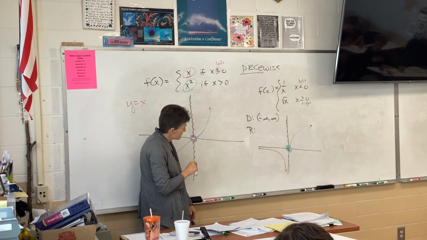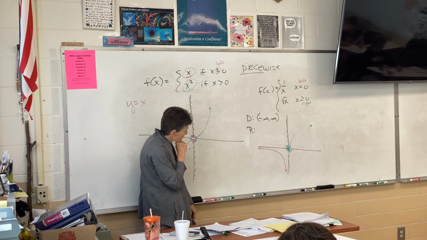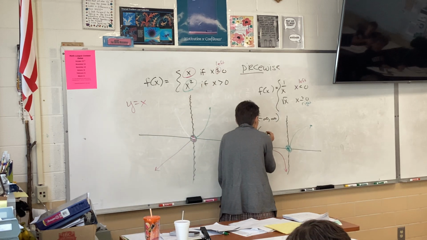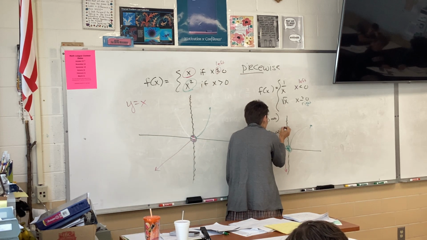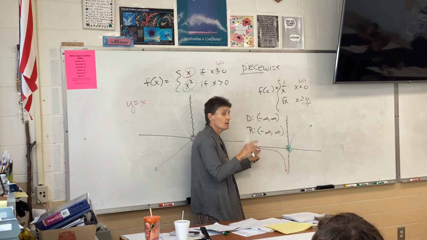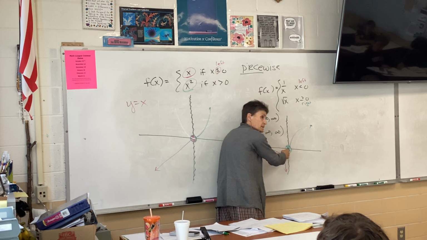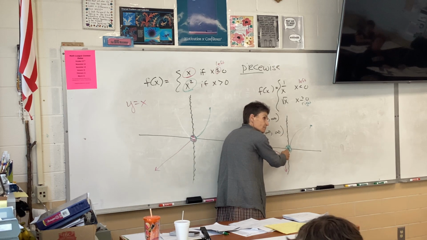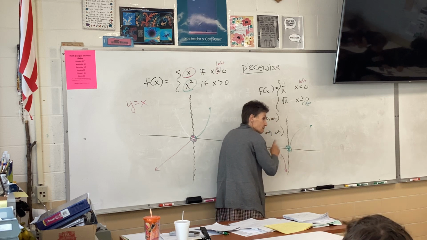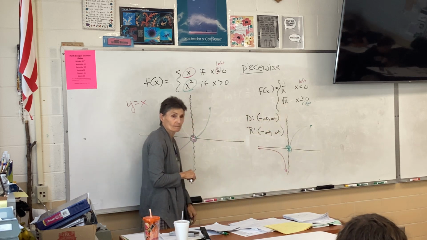Range, let's see, what's my range? Everything. It is also everything. Very good. Now, some of you are thinking, wait, Mrs. Ford, there's an asymptote here. There is, but then we put a dot over here. So here we got everything positive, here we got everything negative, we're good, we got it all.